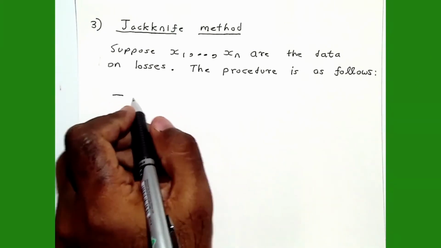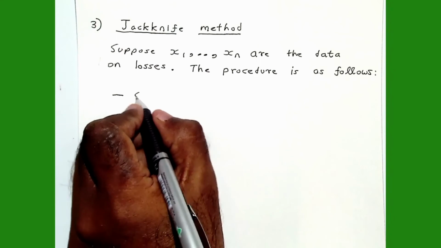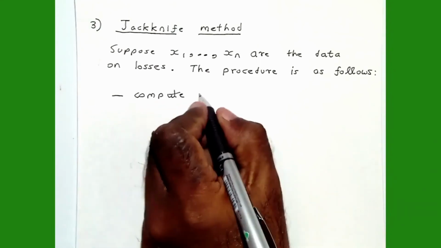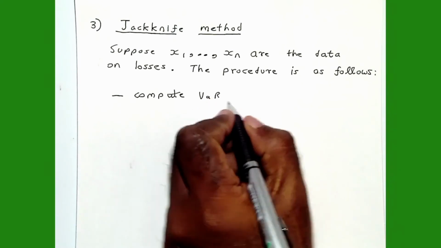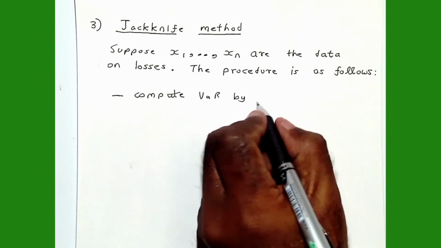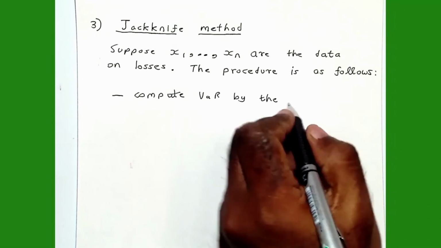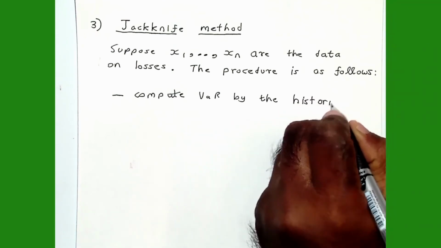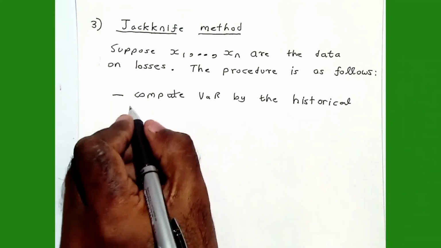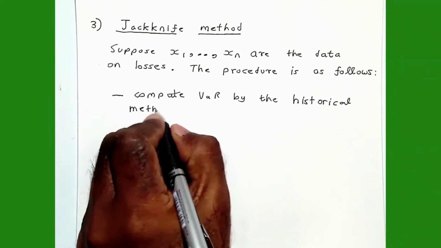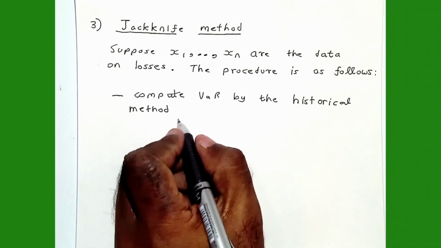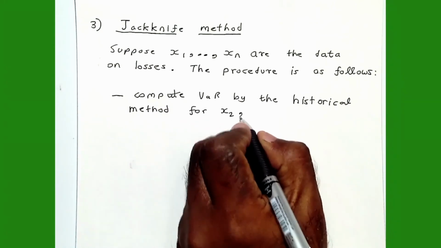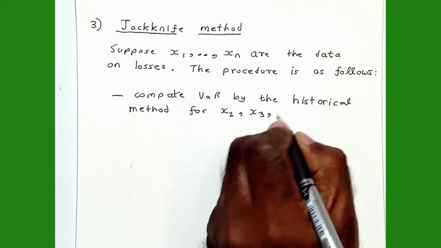So the first step is to compute VaR by the historical method for the data set x2, x3 up to xn.